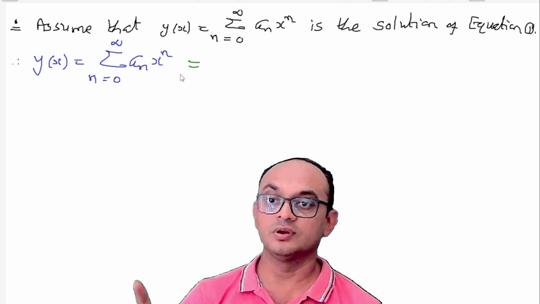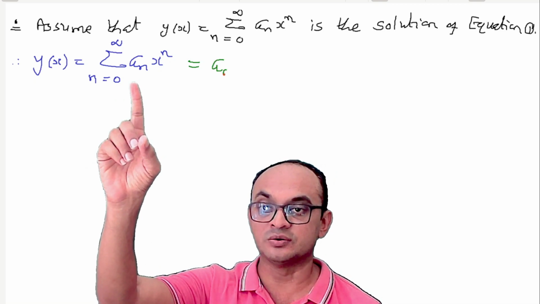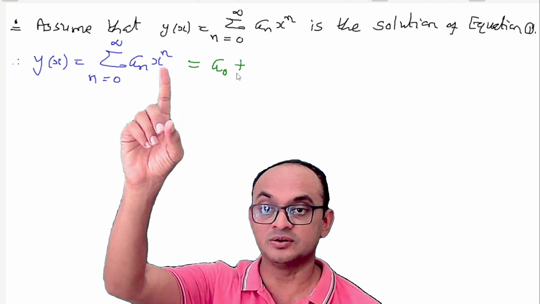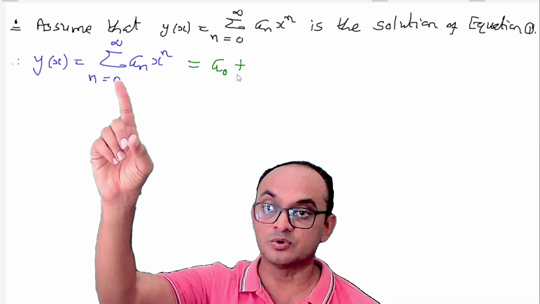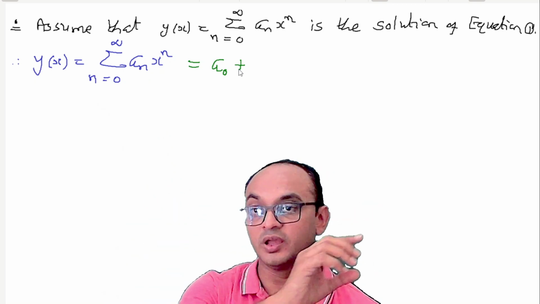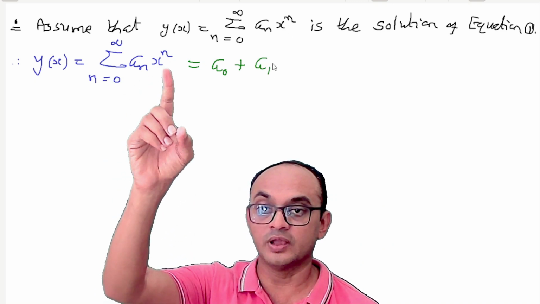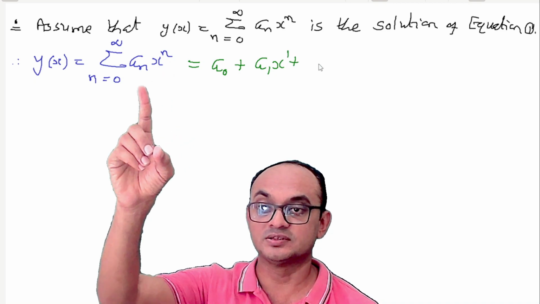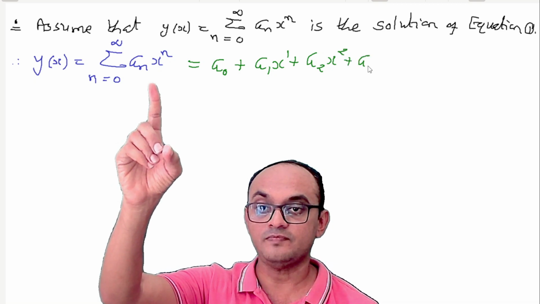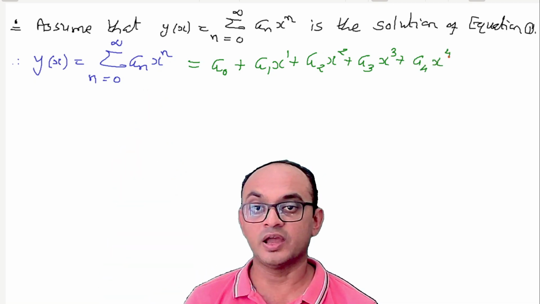When I substitute n equal to 0, this a n is a0 into x raised to 0. x raised to 0 is 1, so actually this is the constant coefficient a0. When n is equal to 1, because n starts from 0 and goes to infinity, so n equal to 0, 1, 2, 3, 4 up to infinity, this will be a1 into x raised to 1, plus when n is equal to 2, a2 x square, plus a3 x cube, plus a4 x raised to 4, and so on.